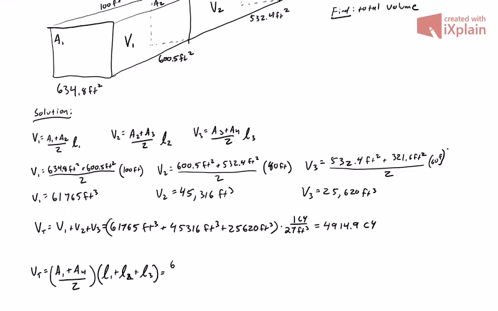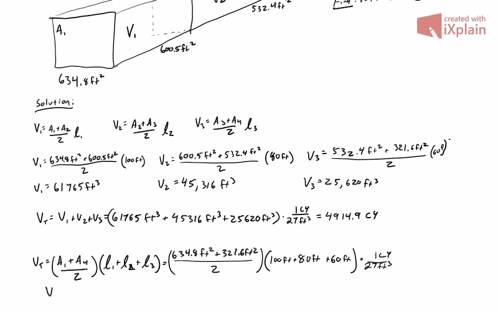So that would have given us 634.8 feet squared plus 321.6 feet squared all over 2 multiplied by 100 feet plus 80 feet plus 60 feet, and then again, all multiplied by 27 cubic feet per 1 cubic yard.